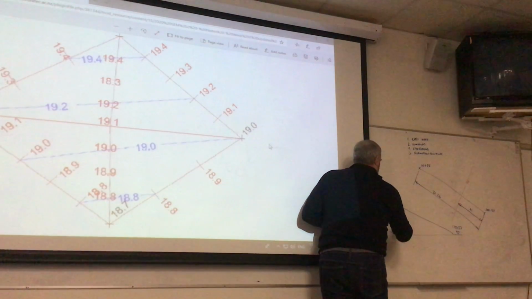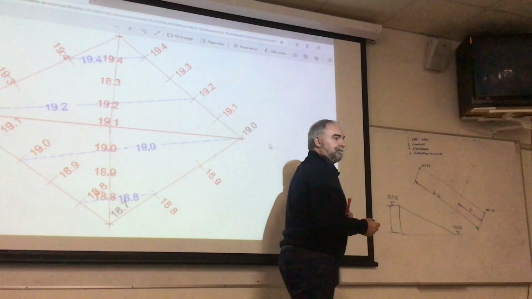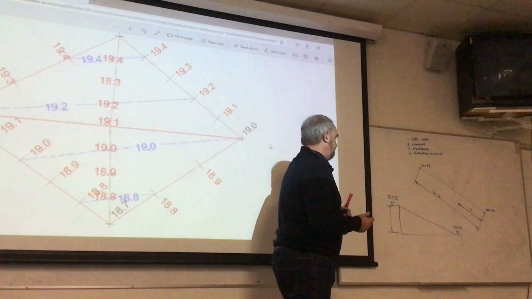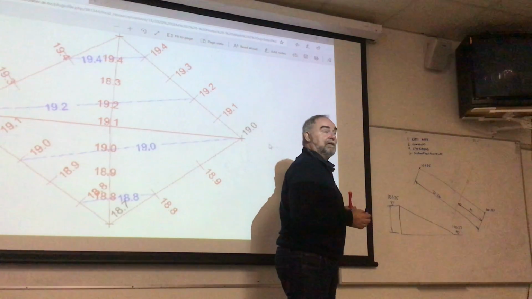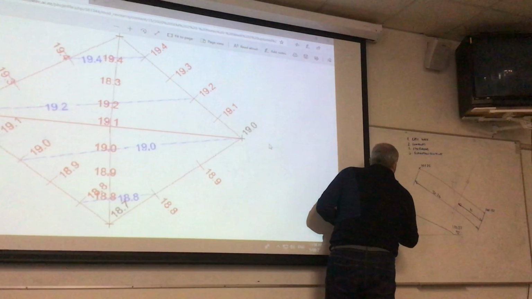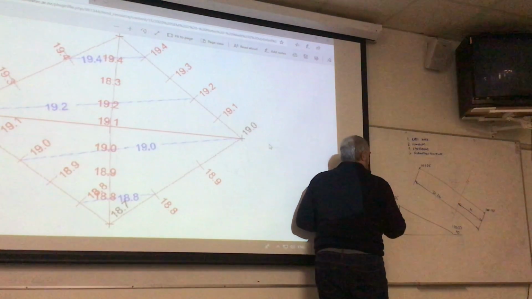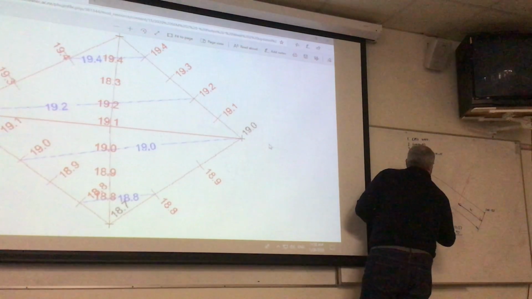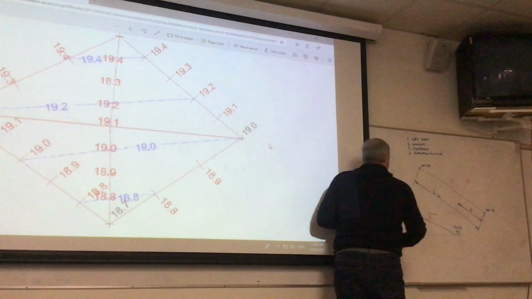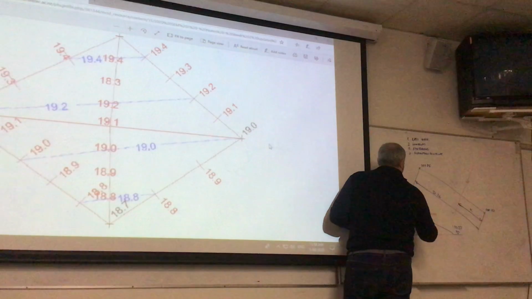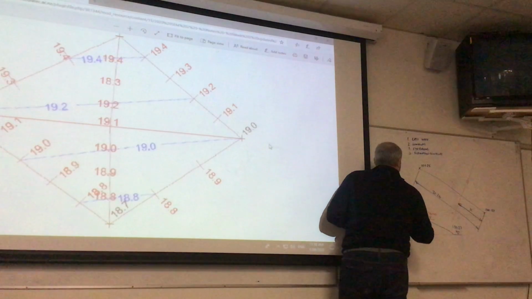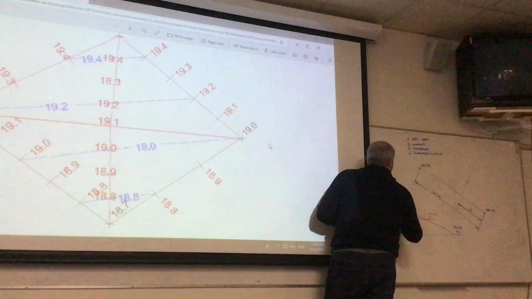Therefore that distance there is, do we have anyone with a calculator in the class? 0.38, right? Coming in here at 101.00, what's that distance? 0.25?